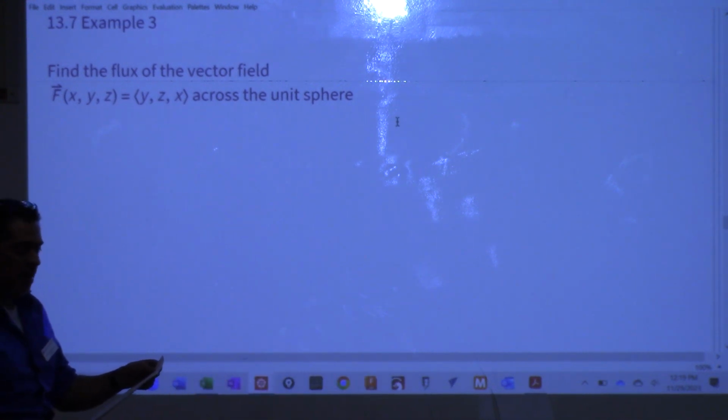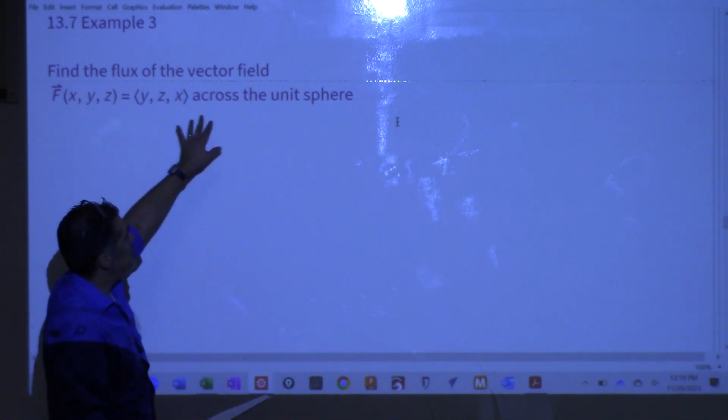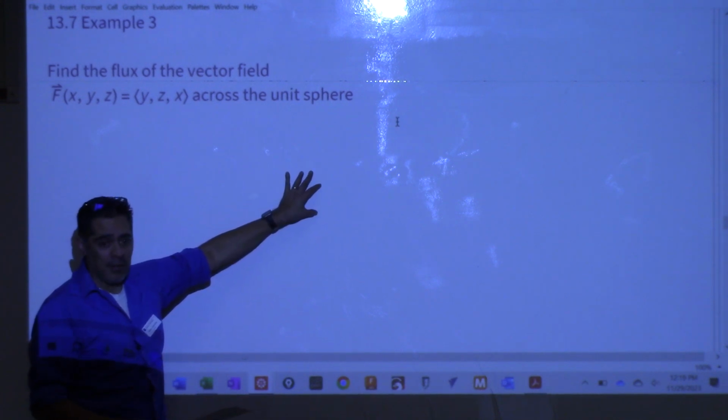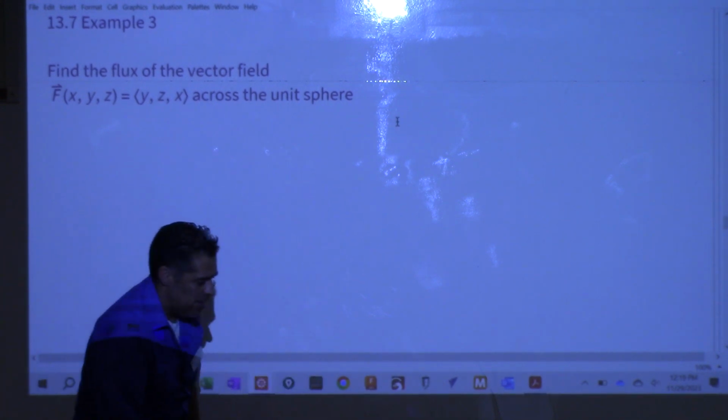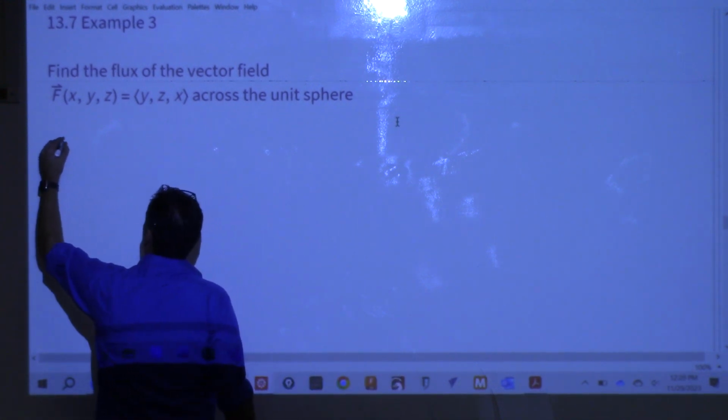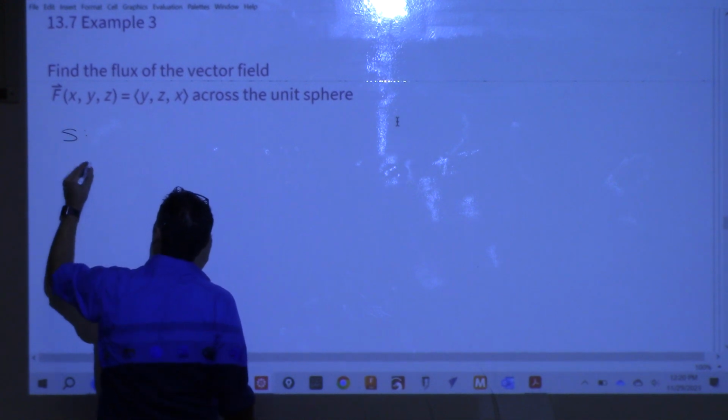E. Okay, look at E. We have a surface, right? Our surface is the unit sphere. We only have one way of drawing a unit sphere with a vector function in here. And we've done it over and over. We're kind of getting tired of it. Let's do S, sorry. S is my unit sphere.